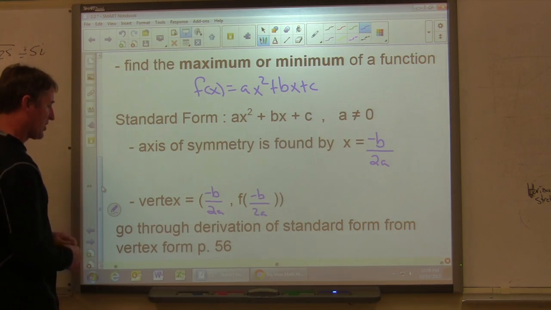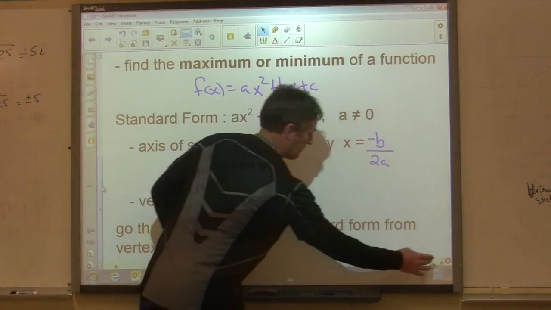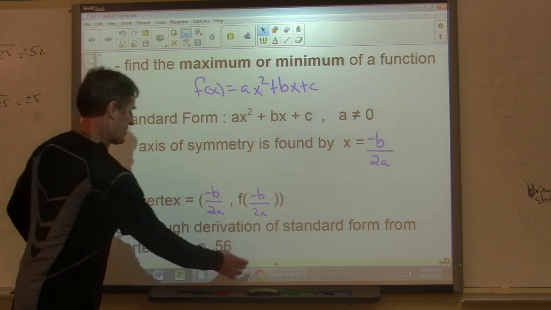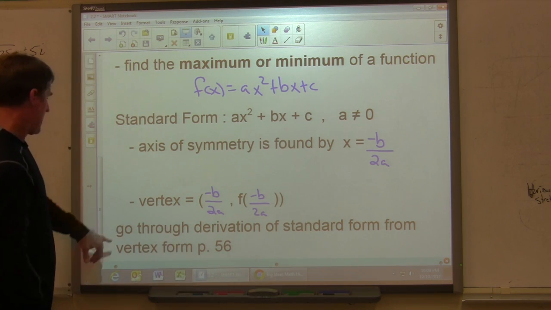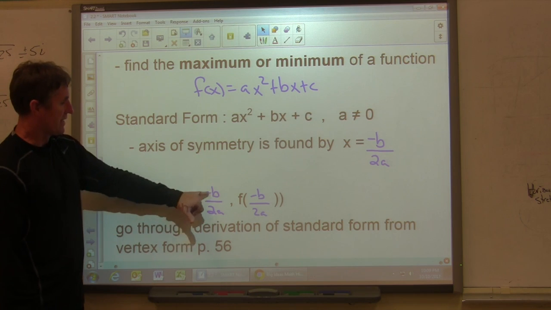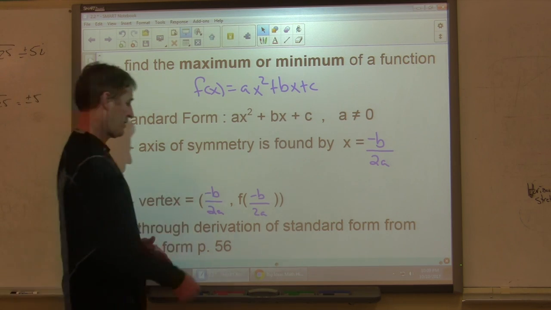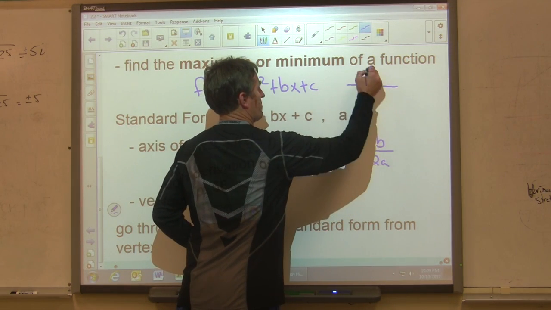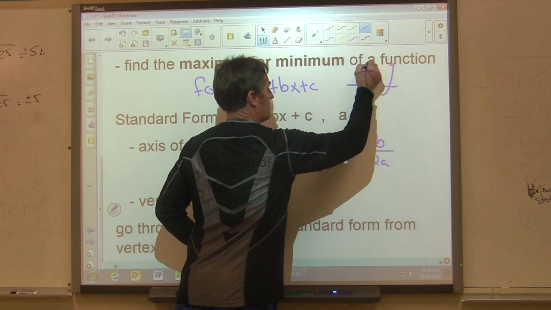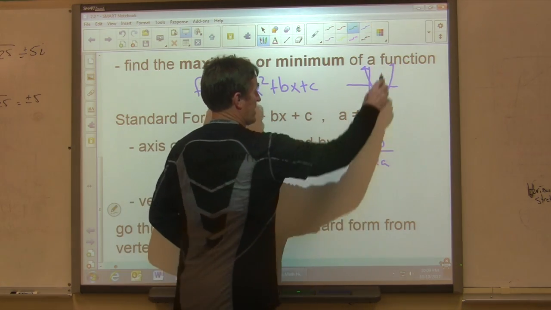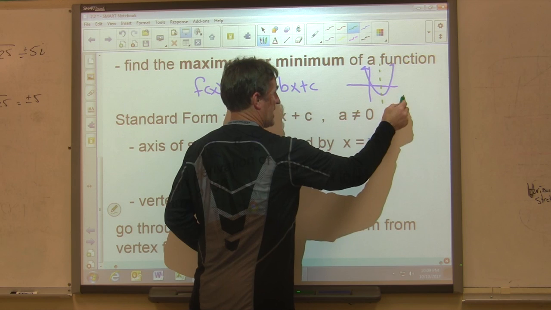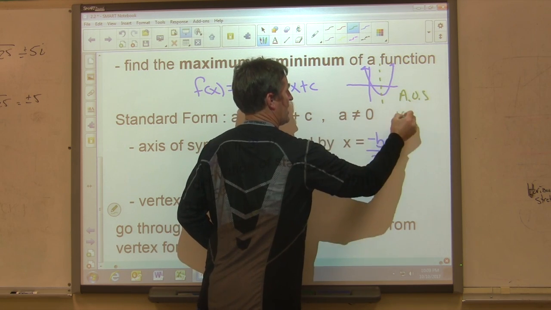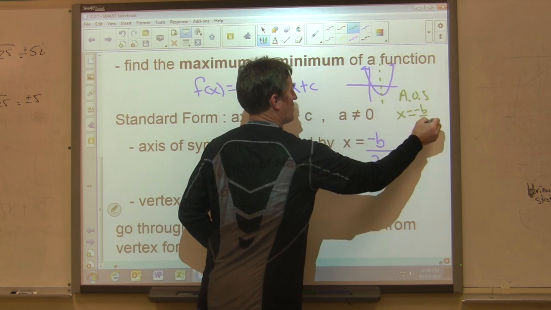And then the part that causes some confusion for people is the vertex. And the vertex is this negative b over 2a, because remember, if we think of our parabola, we have this axis of symmetry, which we'll abbreviate AOS, is x equals negative b over 2a.